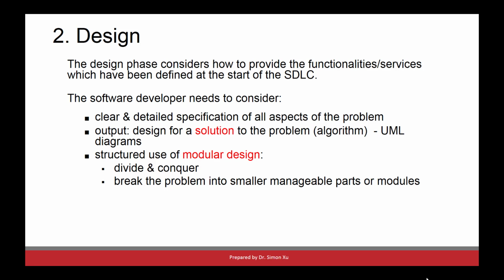One common approach is called modular design. We apply divide and conquer to divide a big problem into smaller, manageable parts, which are called modules. For each module, we need to understand what the output and input data are.